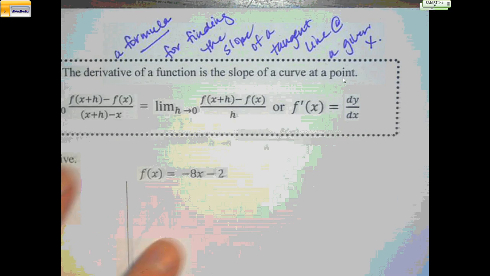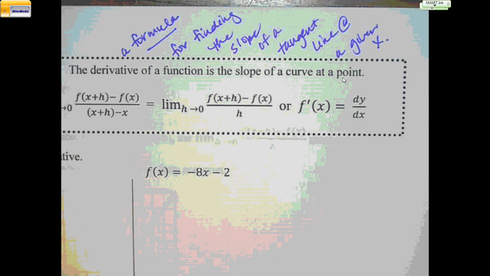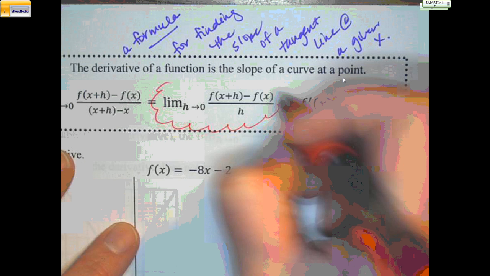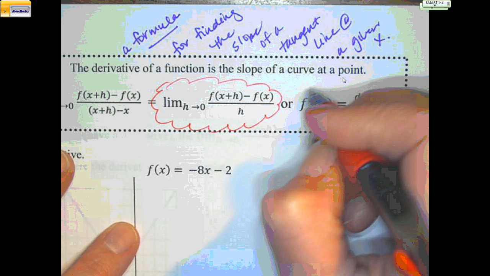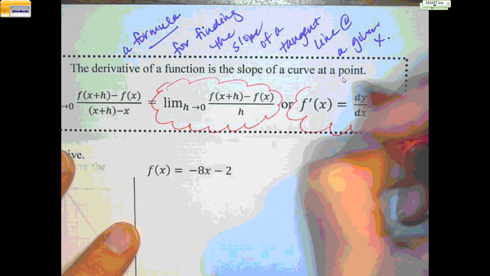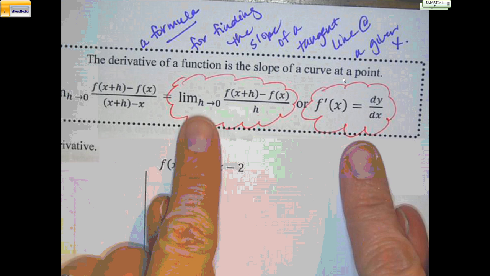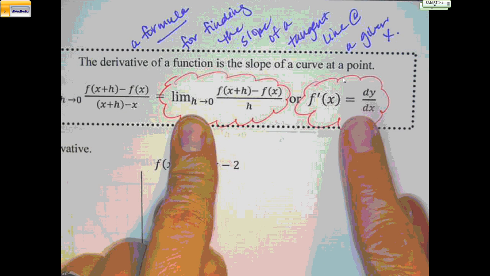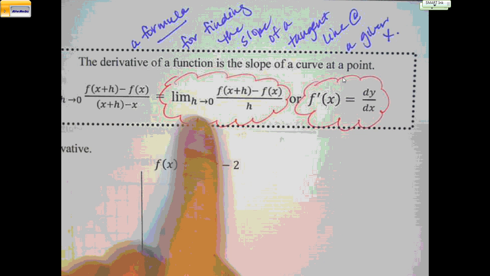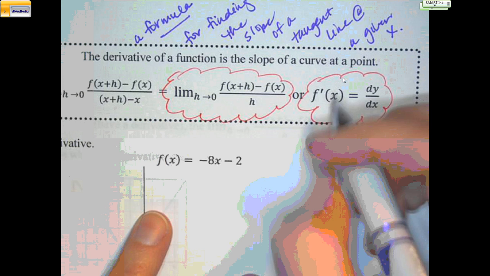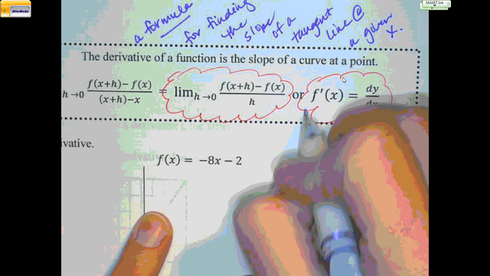Another way to write it is this little guy right here. This will have to be memorized, and I'm going to interchange the way that I write about it. For calculus, some professors use the left one more than the right one. Some use the one on the right. This little notation right here, you say f prime of x.